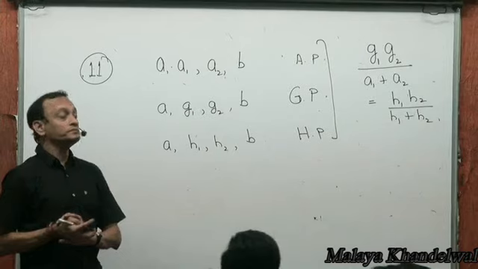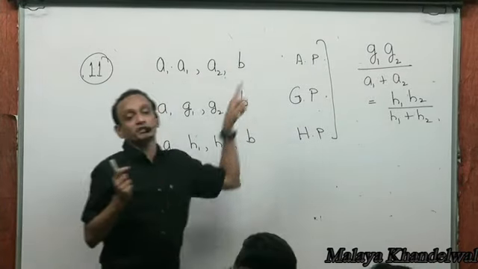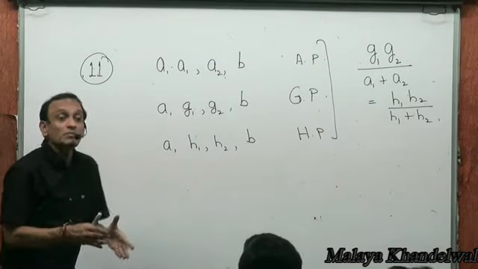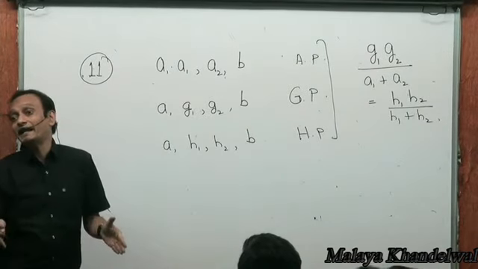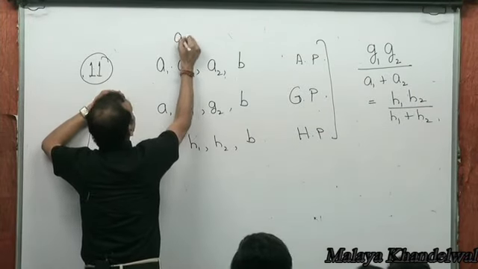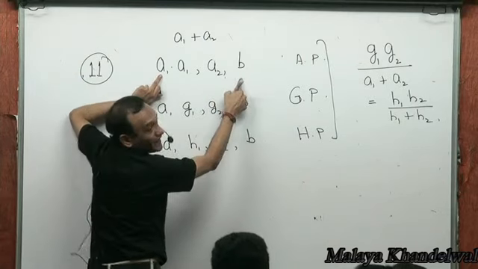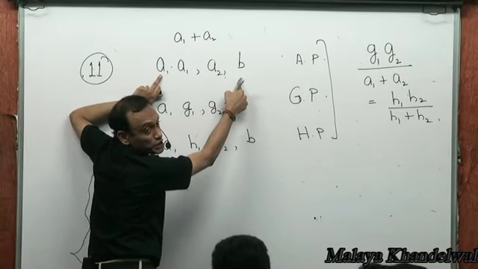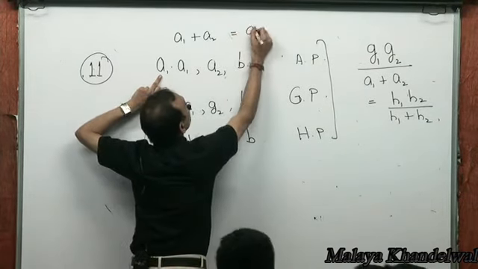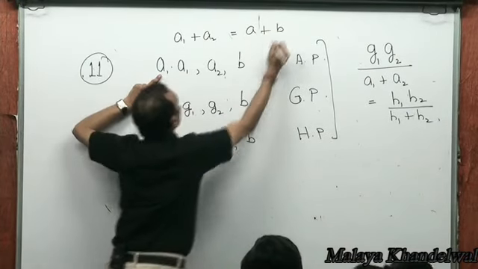See, in an arithmetic progression, sum of two numbers equidistant from the beginning and end is the same. That means A1 plus A2 are two terms equidistant from the beginning and end. A and B are also two terms equidistant from the beginning and end. So A1 plus A2 must be A plus B. Yes or no?